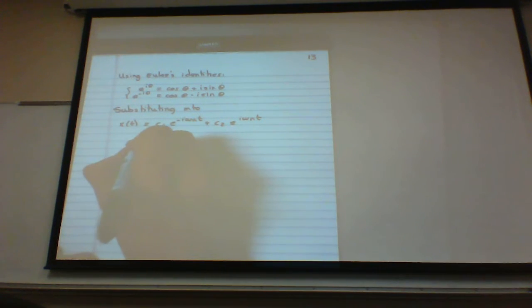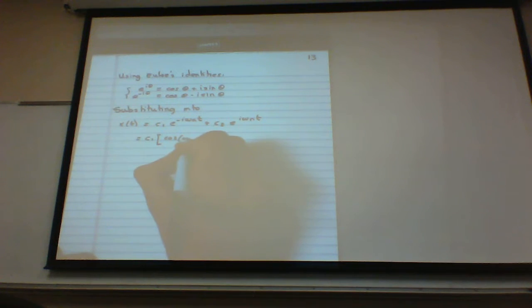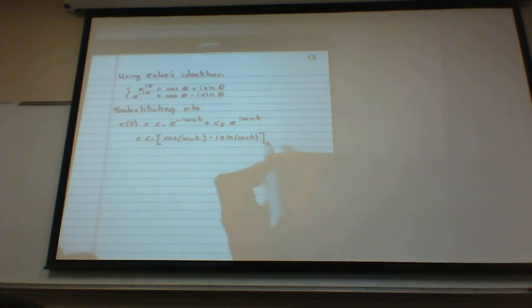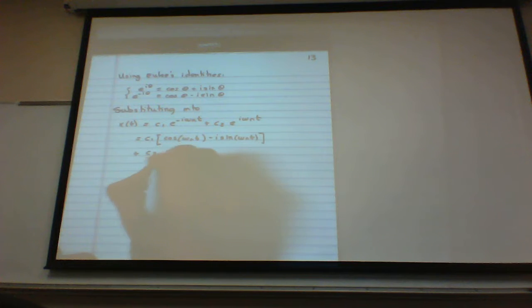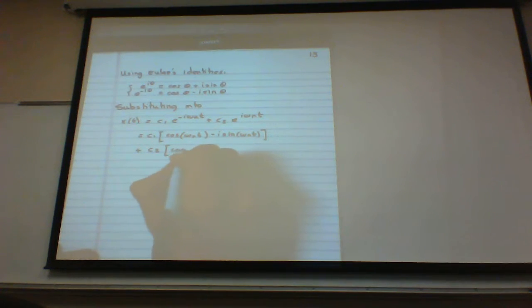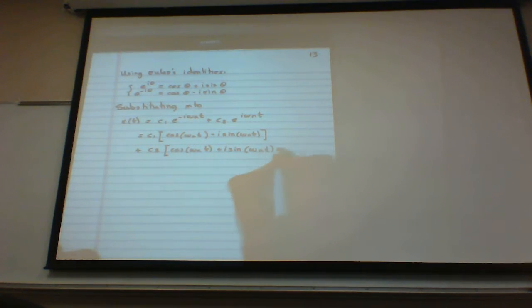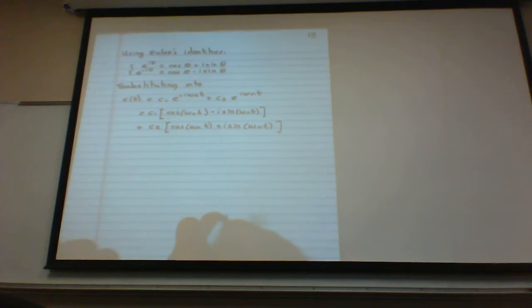So, let me take some space, it would be C1 times cosine omega n t minus i sine omega n t, plus C2 times cosine omega n t plus i sine omega n t.